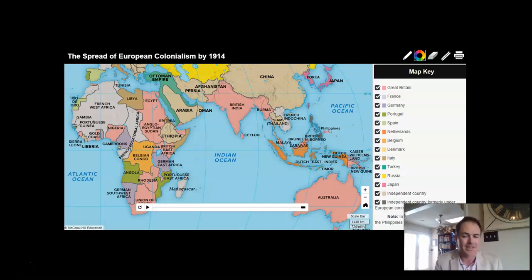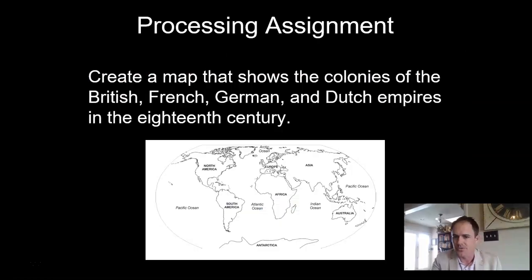Do I say label the colonies? No, I don't, because I think that might make the map really busy. Because, look, the Europeans really colonized the entire world. So I'm not going to make you write down the name of all the colonies. That'd be over 100 places. No need to do that. Just as the assignment says, create a map that shows the colonies. Just shows them. Make sure I can clearly see which ones belong to which country.